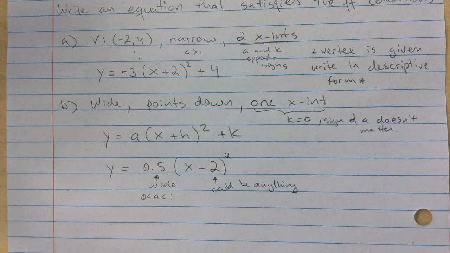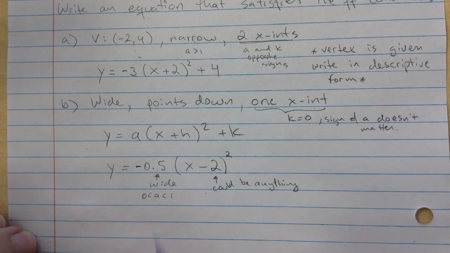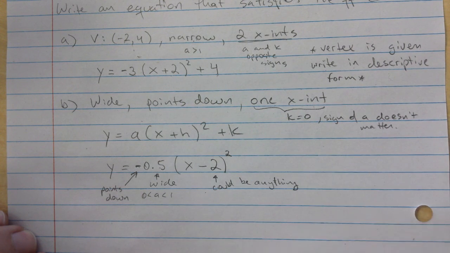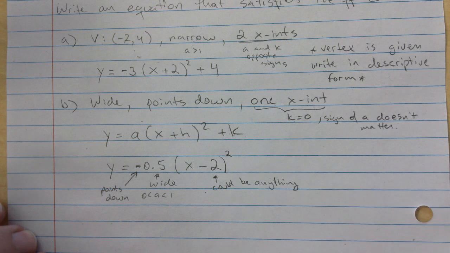Like as soon as K is 0, it doesn't matter. Oh, you wanted to point down. Sorry, it is very specific, so it needs to be pointing down. Right? It points down. It is wide. K is equal to 0. That's why this would be having 1 x-intercept regardless.